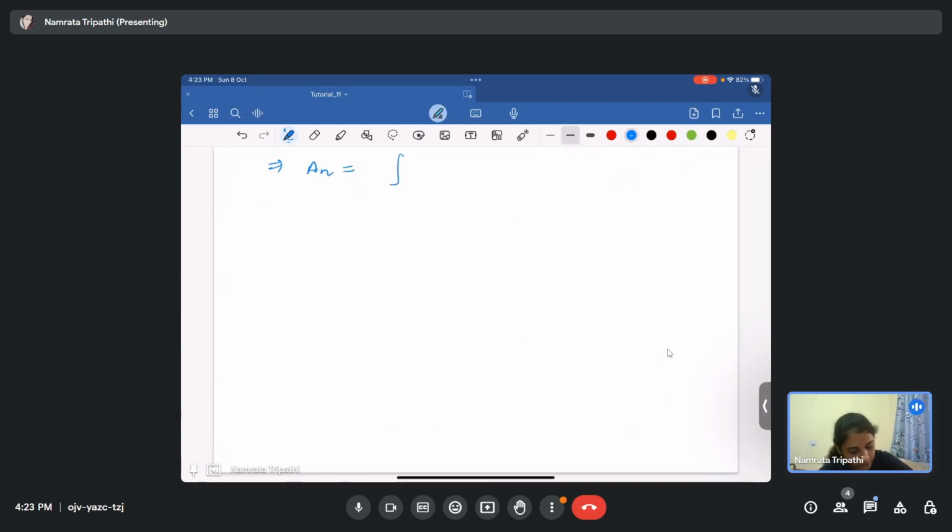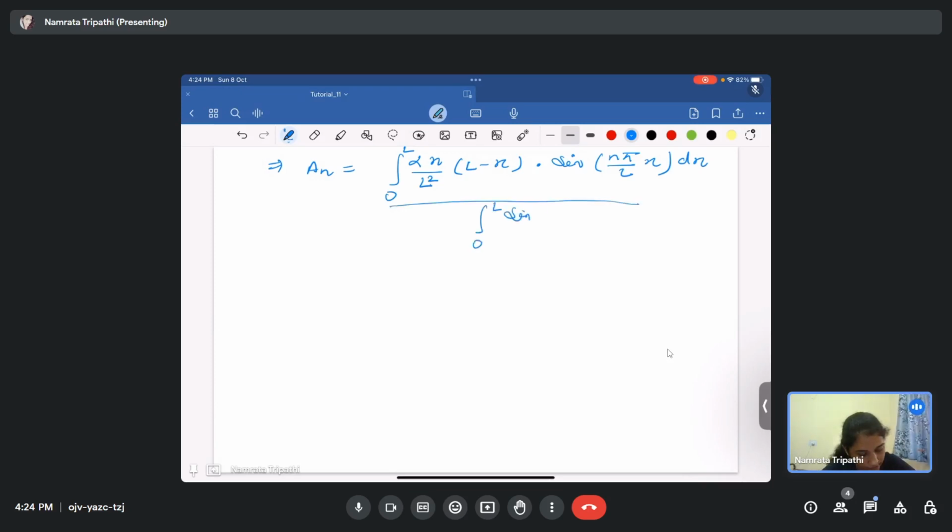The integration of numerator, and the integration of denominator means 0 to L sine square n pi x upon L.